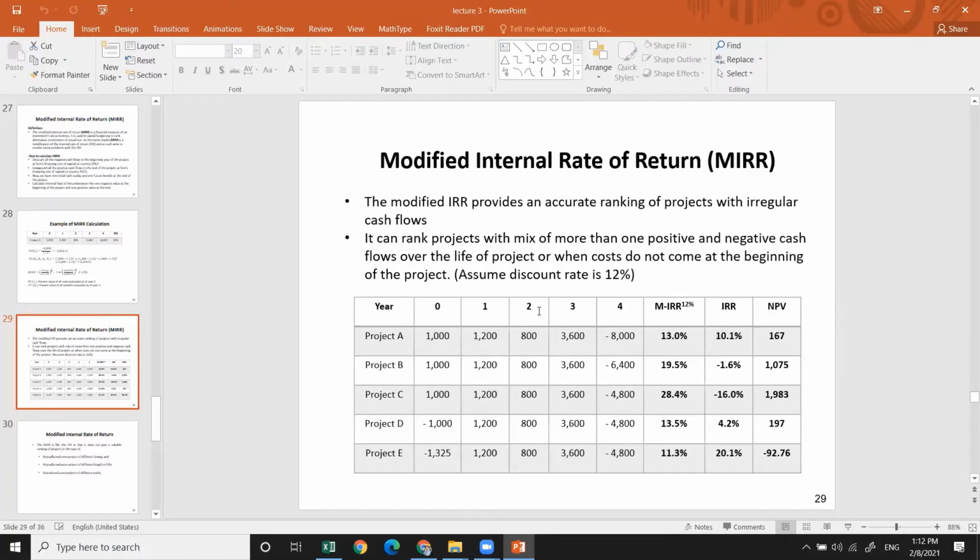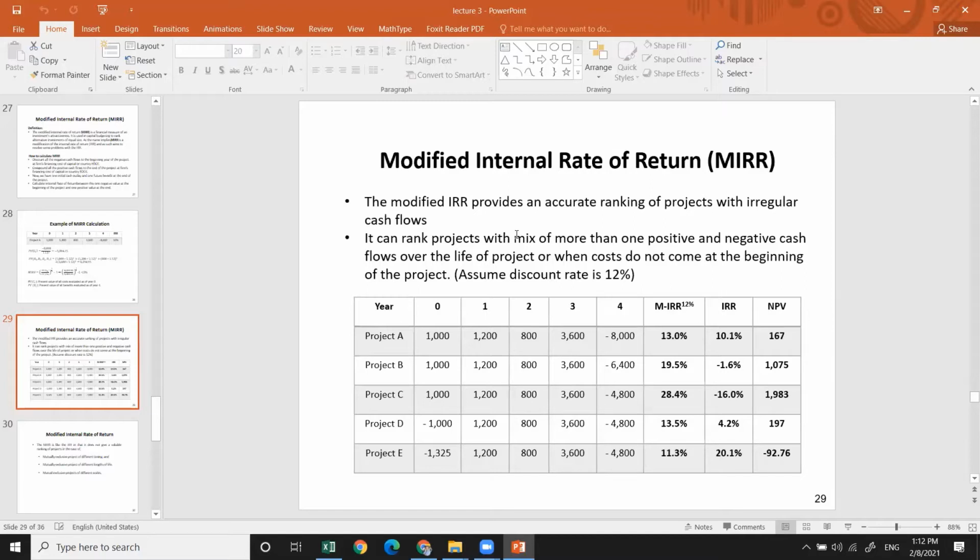So as we can see here, the modified IRR provides an accurate ranking of projects with irregular cash flow. So it can rank projects with a mix of more than one positive or negative cash flow over the life of the project, and when the costs do not come at the beginning of the project.